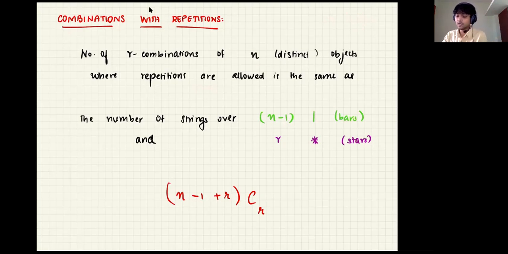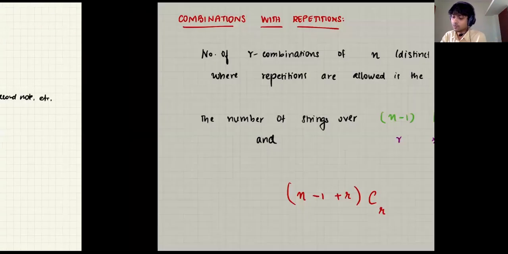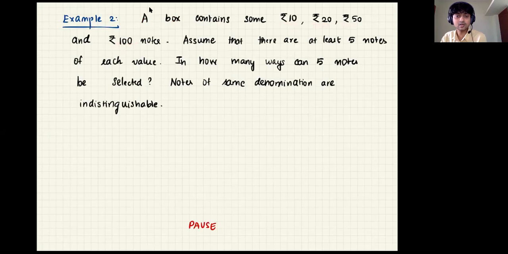In the previous case, I had four objects and I had to choose five of them with repetitions allowed. In order to do that, we added three bars to denote object one, object two, object three, object four.